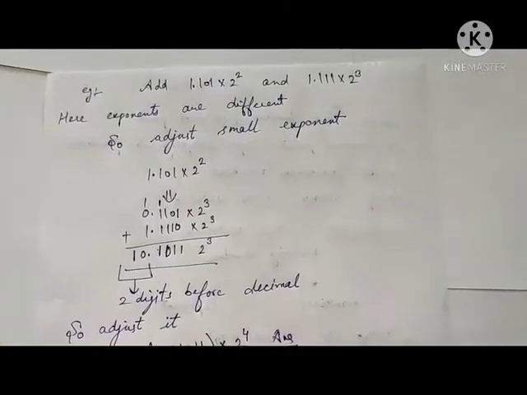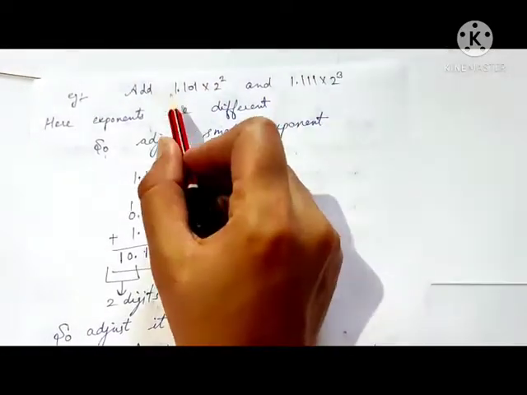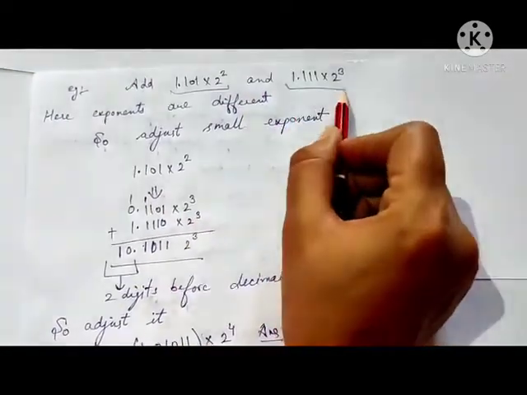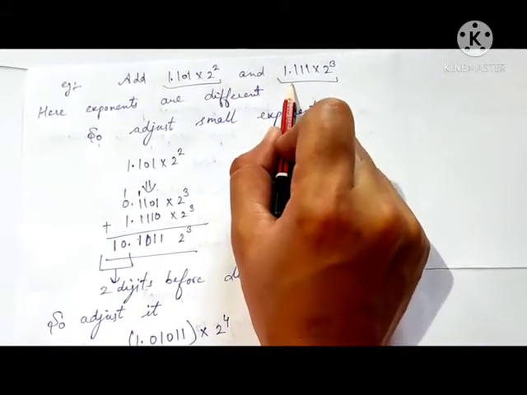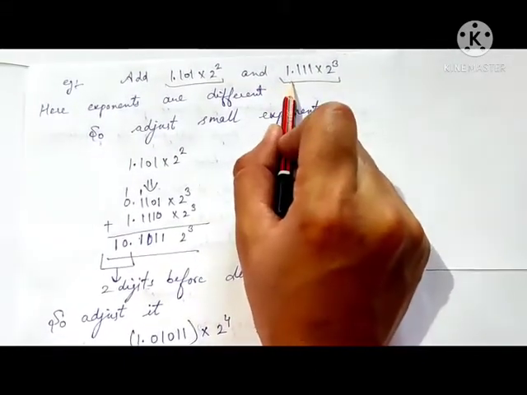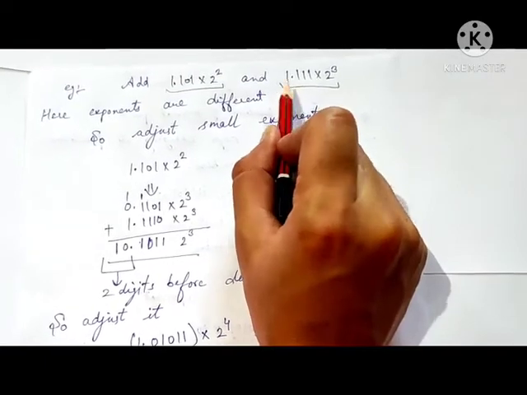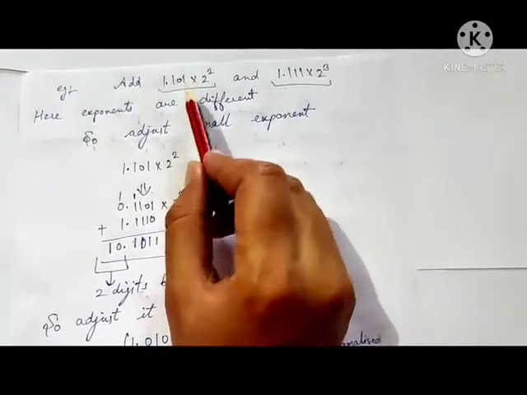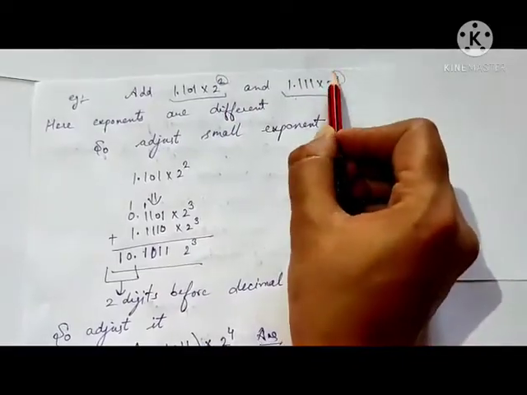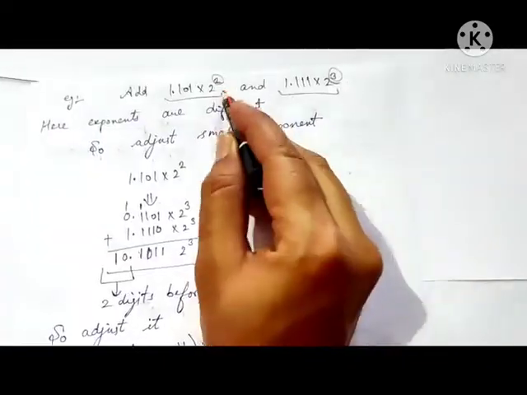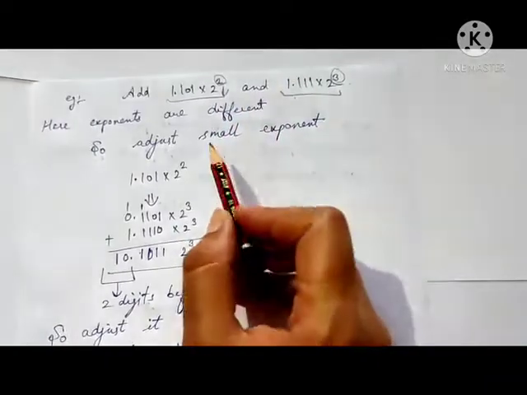Here let's take an example. I want to add this number with this number. Both numbers are in the same notation; both are in scientific notation form. Now second step, make sure the exponents are the same. No, the exponents are different, so adjust the smaller exponent.